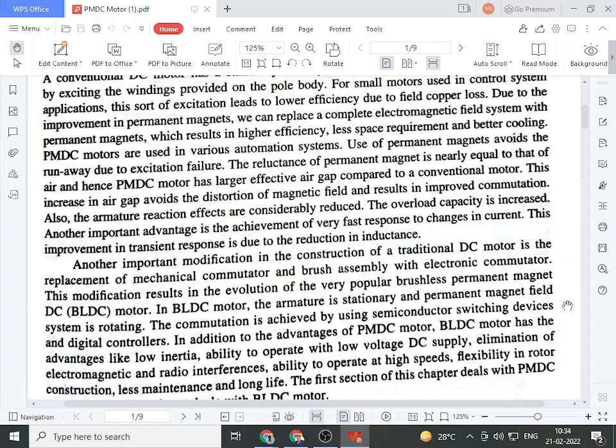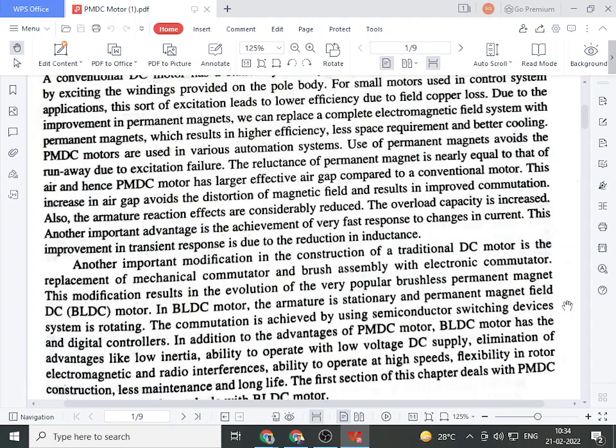If the armature is stationary, we can easily excite it with current without using any brush assembly. As the armature is stationary, the requirement of brushes to excite the armature winding is completely eliminated. Second, as the armature is stationary, it can be easily cooled. That is also one of the important advantages of the BLDC motor.